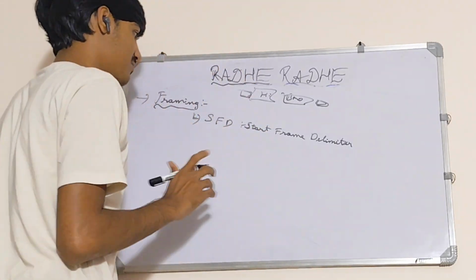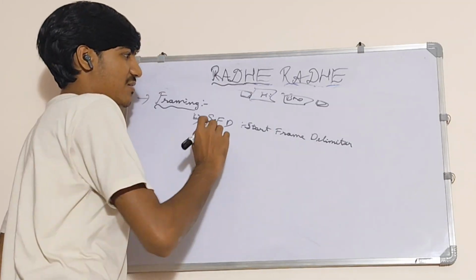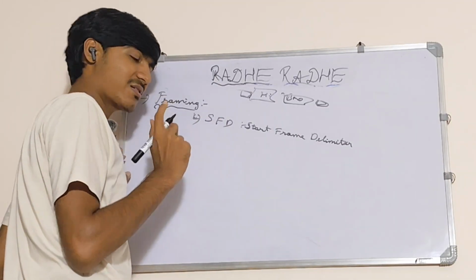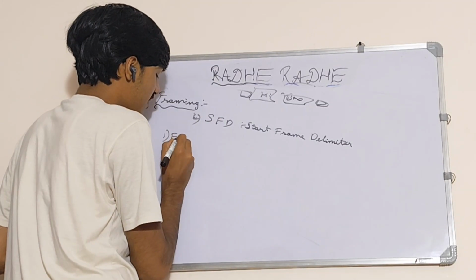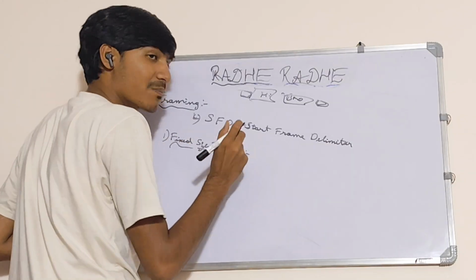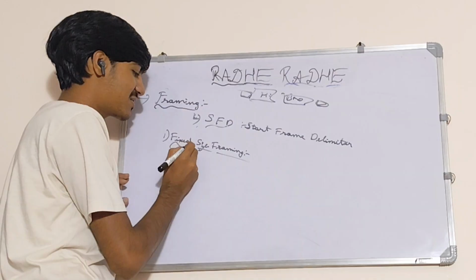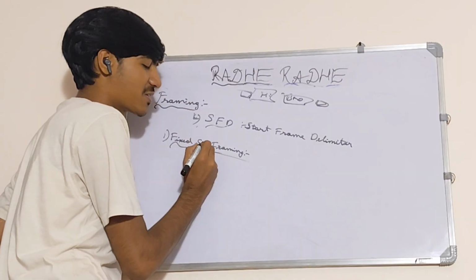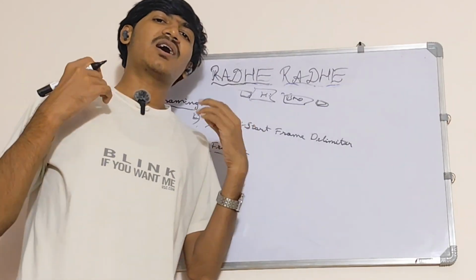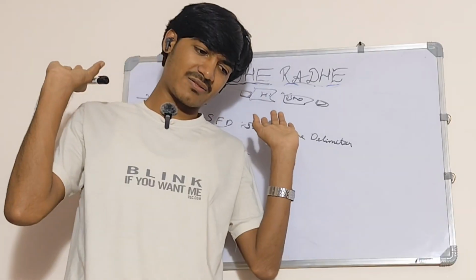Agreed? Now they came up with a mechanism called fixed size framing. Before even they discovered this, they came up with fixed size framing. They said our frames will be of fixed size.